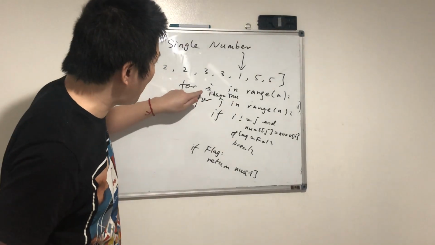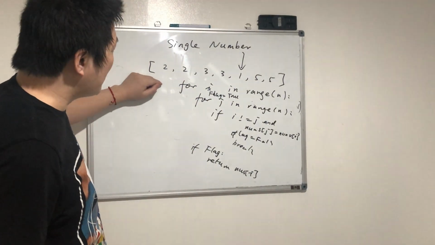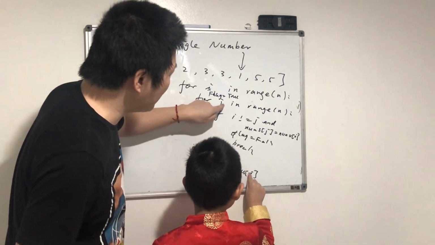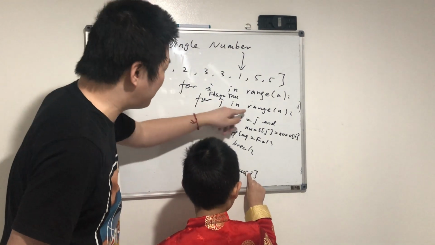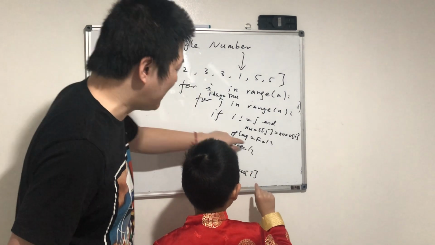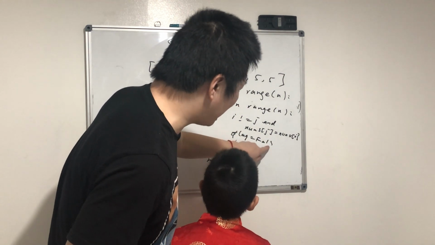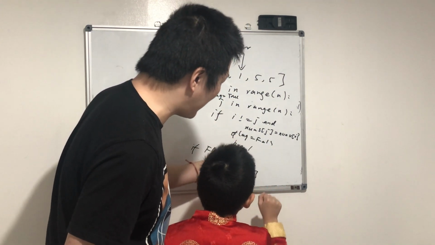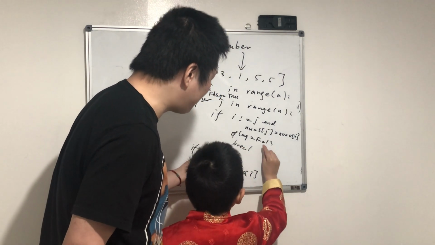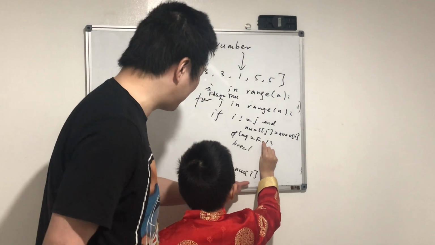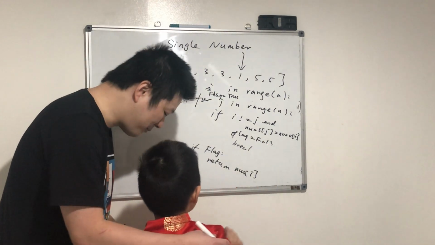And every time I locate it at 2, I need to find if the numbers other than this number equals 2, right? And if I find it, I set it to false, which means that it's not the number we want, okay? And I break it. And then if the flag means that we can't find that number twice, then we return this number, okay? Got it?